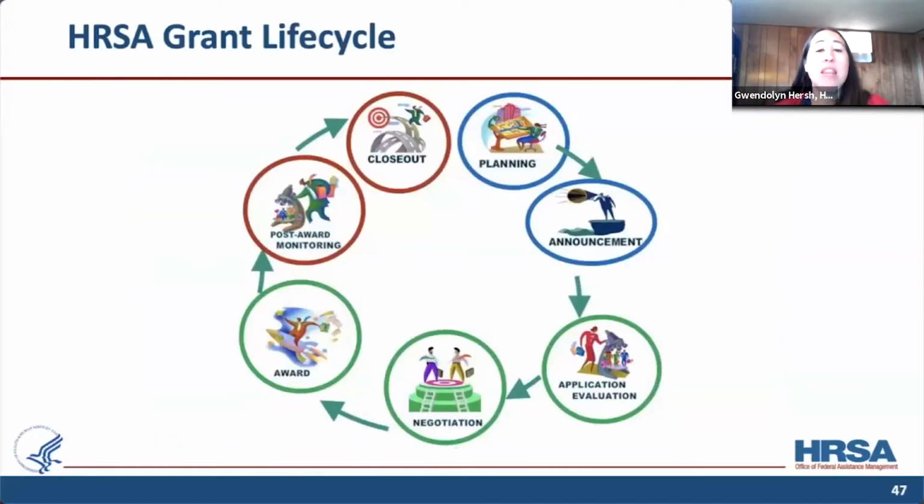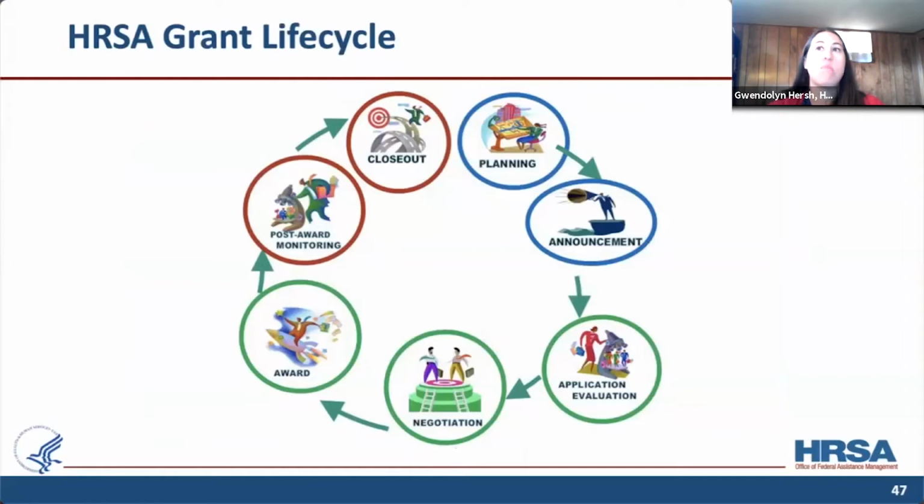Great. In this presentation today, we're just going to provide a high-level overview of how the federal grants process works. The process begins with planning before an announcement is made, and applicants may then submit an application for the announcement of interest, which is evaluated and negotiated prior to an award being made.